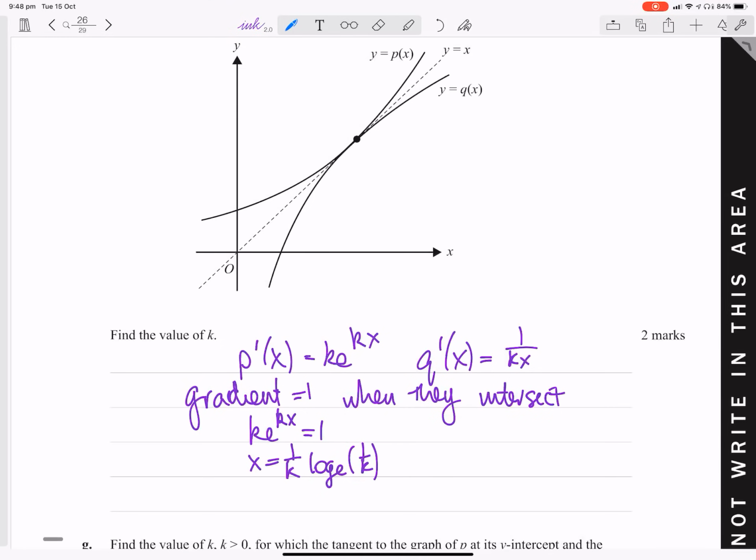And then here we get 1 on kx is equal to 1, so x equals 1 on k.